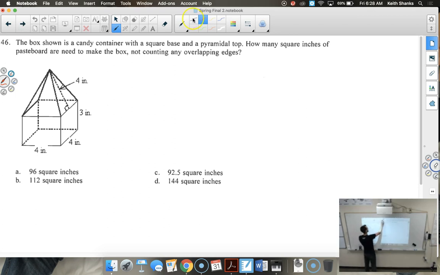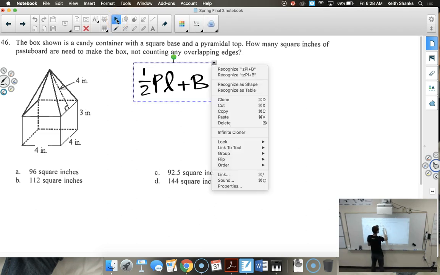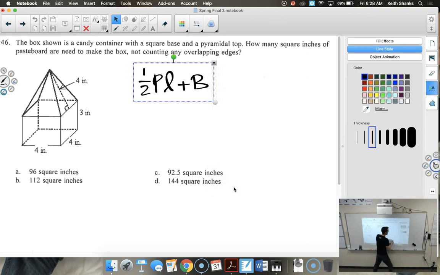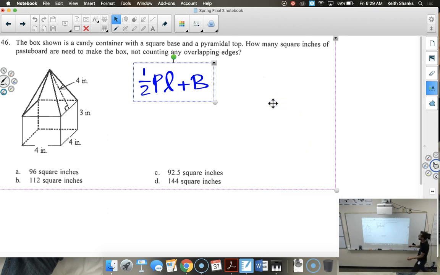So if I took my formulas for a pyramid, it would be 1/2 perimeter times slant height plus area of the base. And if I took the, let me change the color, make that blue.